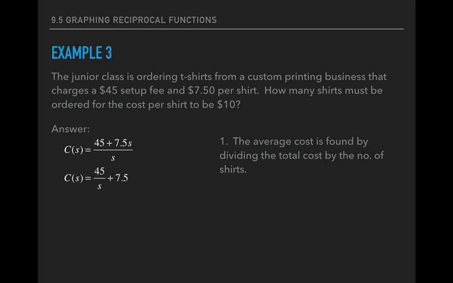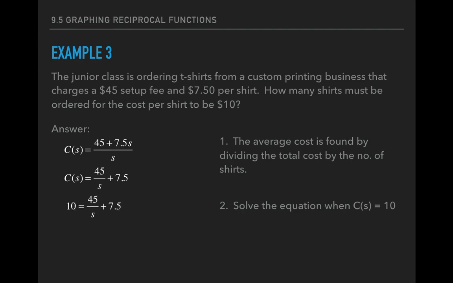And we can write this a little bit more simplified. It would be 45 divided by S plus 7.50. Now to solve this, we want to know what number of shirts we have to order, so what is our S value so that our equation equals 10.